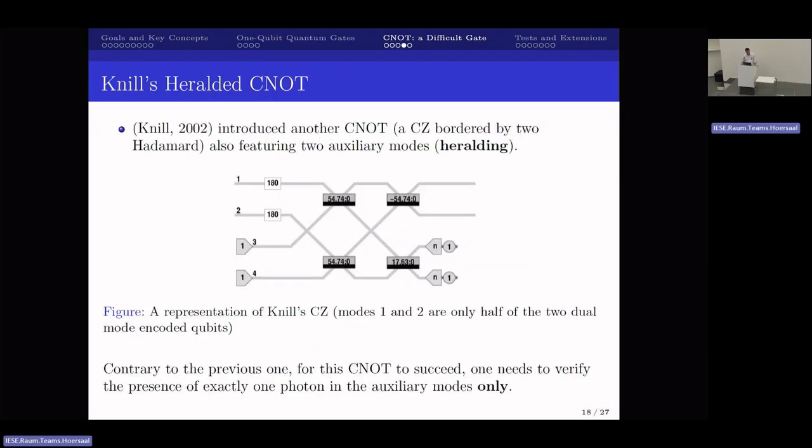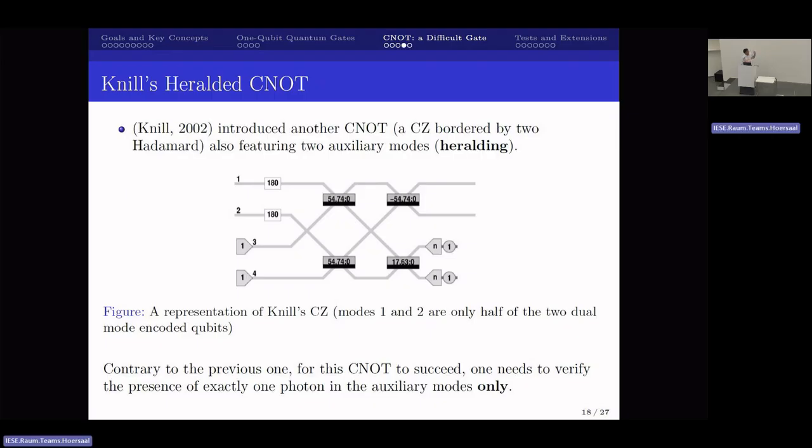Then there's another CNOT, which was introduced in the same year by Knill, and it also uses auxiliary modes. Well, it's not really a CNOT, it's a CZ, but you can just make the CNOT from the CZ using 2 H gates. That's why we talk about the CNOT, because we are comparing the CNOTs.